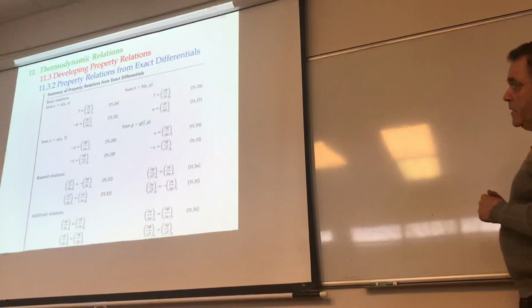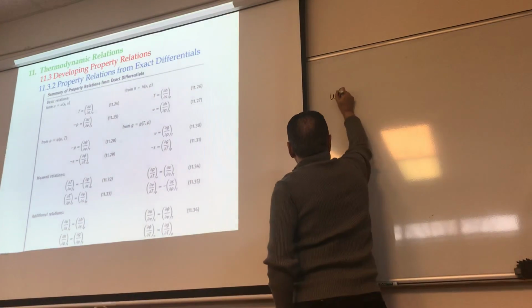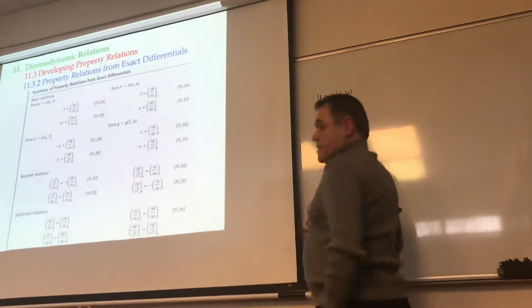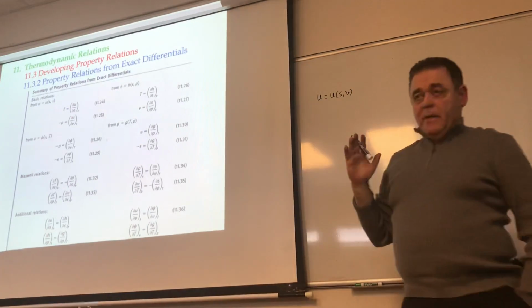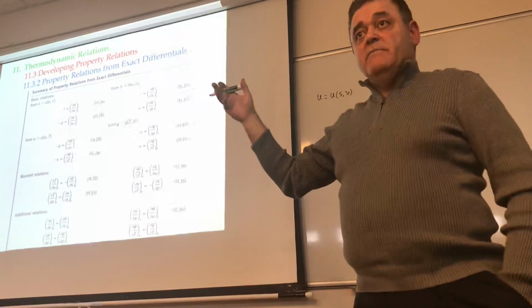Let's, for example, look at the first basic function. Remember what we said? U is equal to a function of S and V. We all know that, right? Where did that come from? Remember, dU is equal to TdS minus PdV.